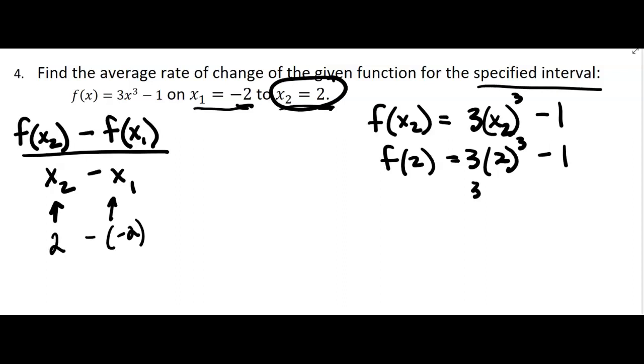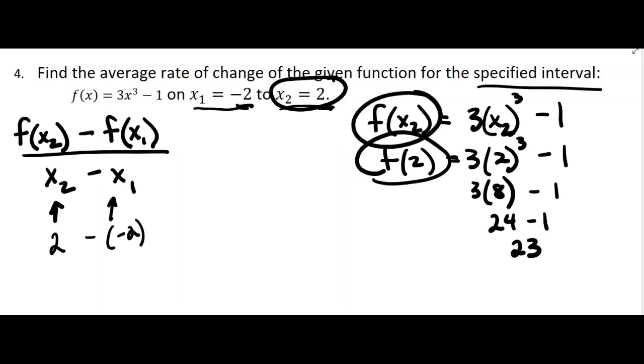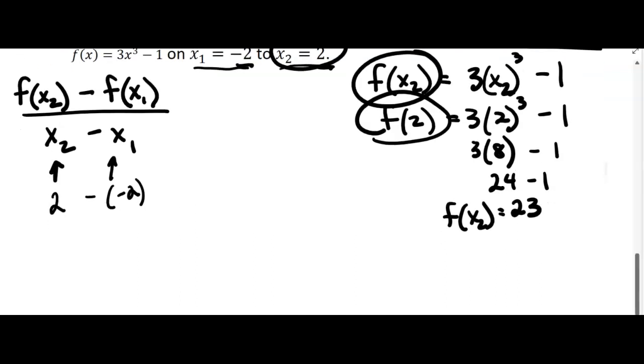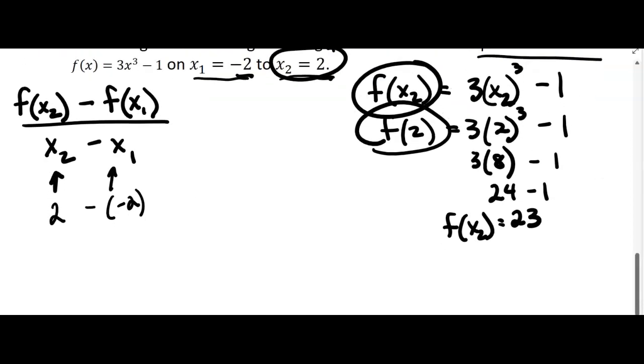Again, you need to do the exponent first. So 2 cubed is 8, 2 times 2 times 2. And then you're going to have 24 minus 1, which is 23. That is this part right here, f of x sub 2. That's going to be the 23.